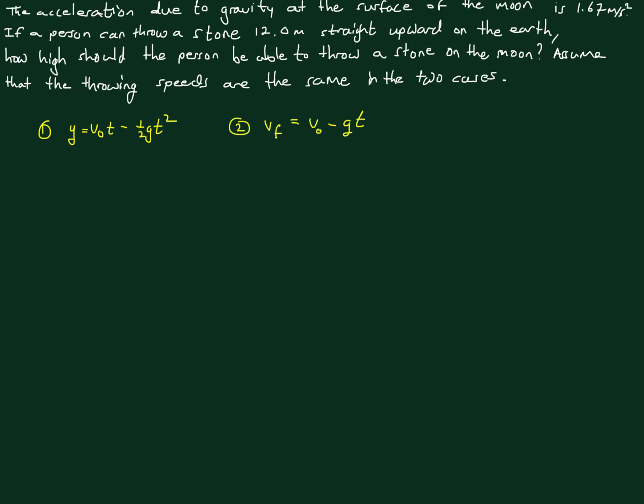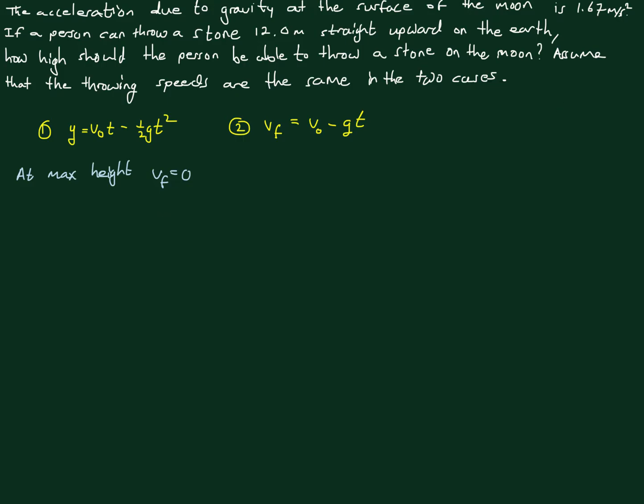Okay, so let me write that here. At maximum height, v sub f equals 0, right? When you throw something upwards, when it reaches the maximum height that it can travel, it stops momentarily before falling back down.